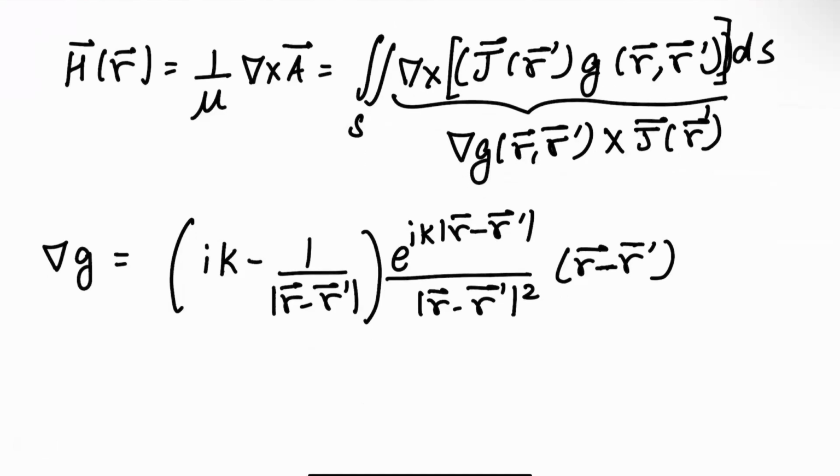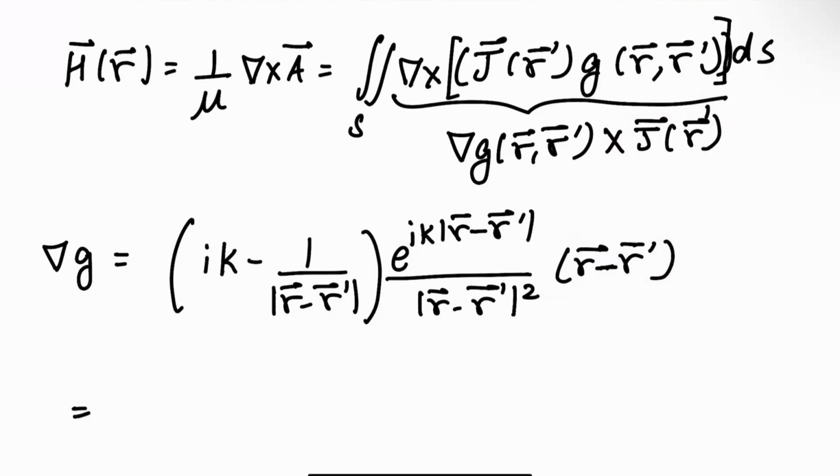So when we substitute this gradient back in here, essentially all of this is a coefficient. The vector quantity is defined by r minus r prime. And we're interested only in the surface that contains the surface current density. So r lies in the same plane, r prime obviously lies in the same plane, and J also lies in the same plane. Which means that when I take a cross product of this and this, it would be a cross product of two vectors that lie in that plane, so that cross product has to be normal to that plane.